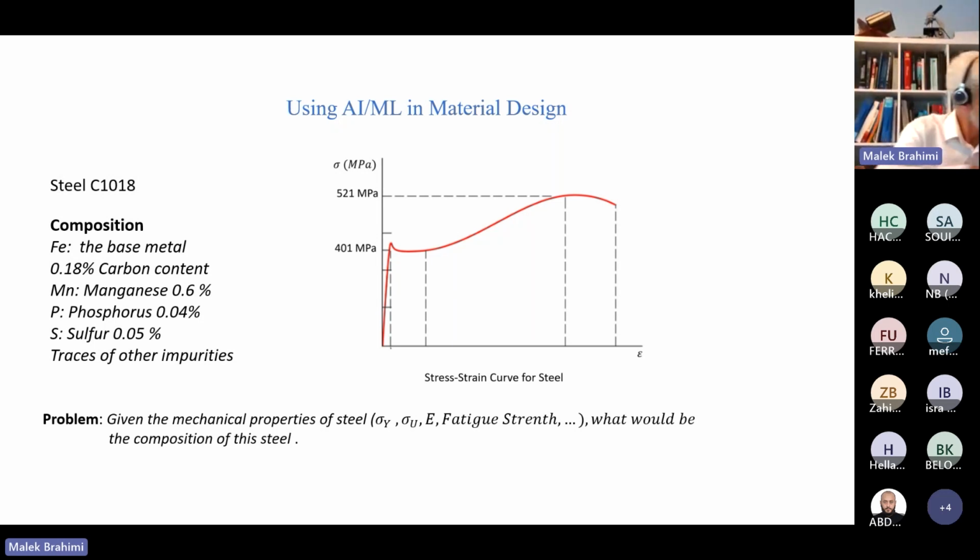Let me give you an example for fatigue. When you take a paper clip and you start folding it back and forth, maybe 5, 6 times, it will break. That's fatigue. That's exactly what we mean by fatigue.